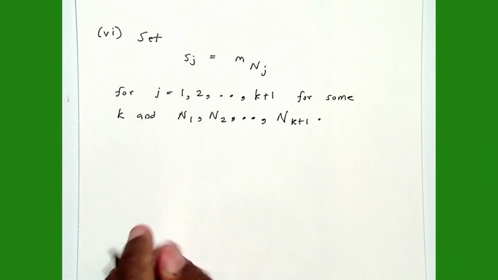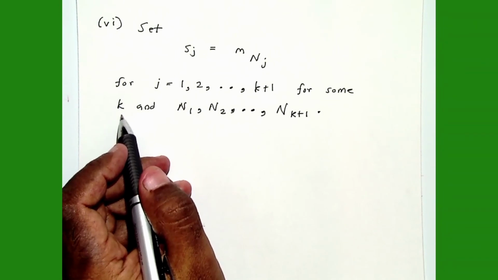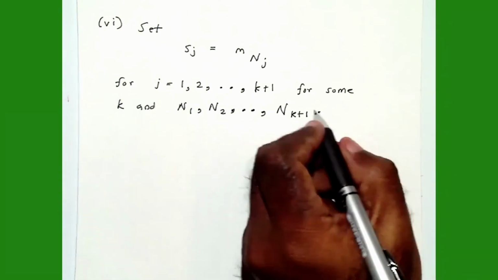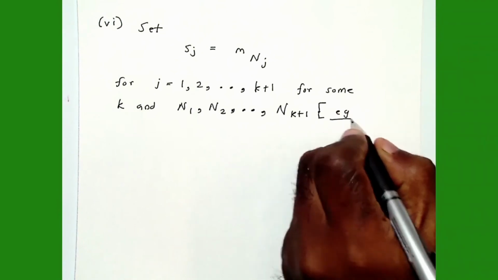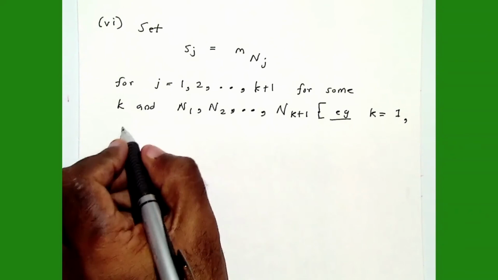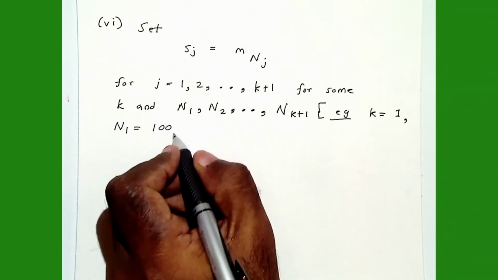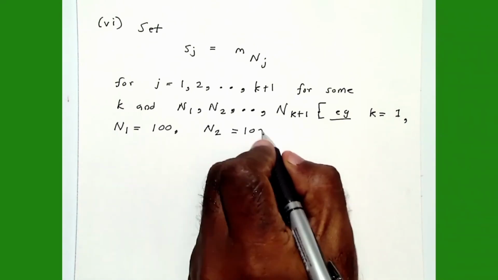Alright, so for example, you could choose k to be 1 and n1 to be say 100 and n2 to be say 1000.